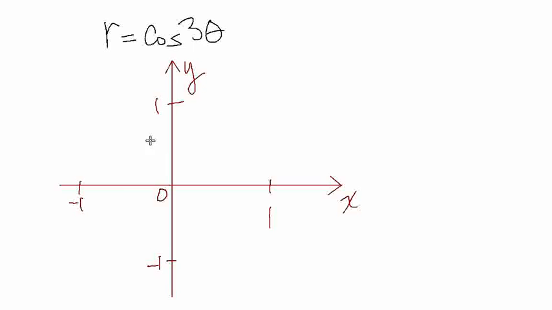So the plot contains the origin, goes through the point 1, 0.